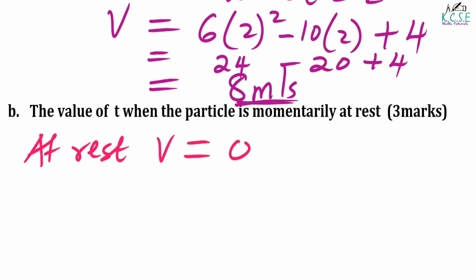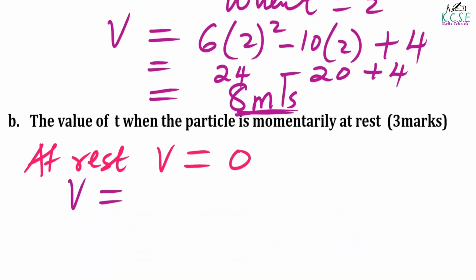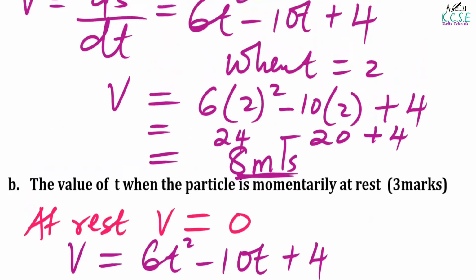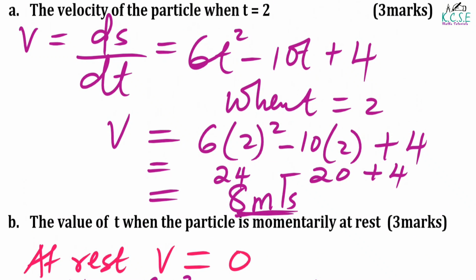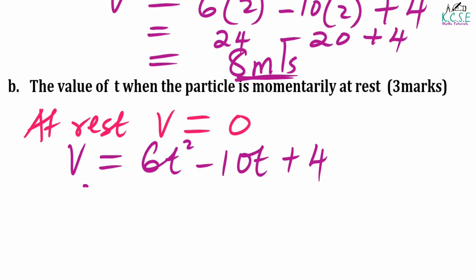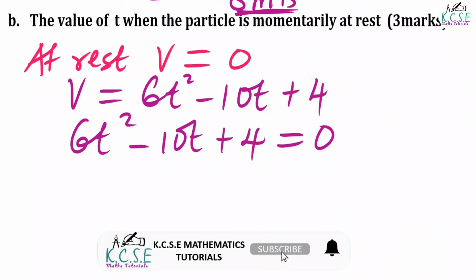Since we have obtained the expression for velocity from the first part, which is 6t squared minus 10t plus 4, when the particle is momentarily at rest the value of v is 0. So we equate this expression to 0. So 6t squared minus 10t plus 4 is equal to 0. So we work this out.